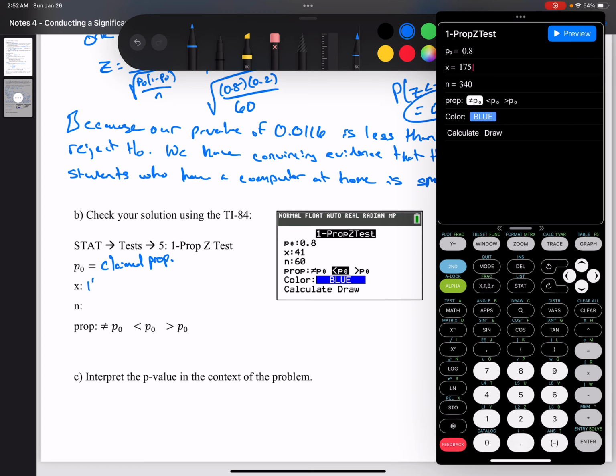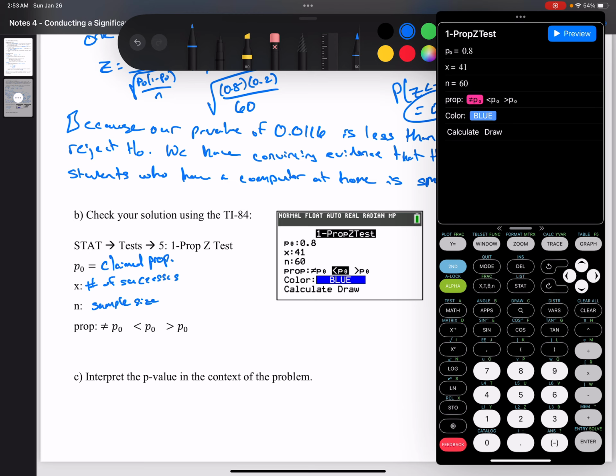The X is going to be the number of successes, okay, which in this case was 41. And then an N is the sample size, which in this case was 60.